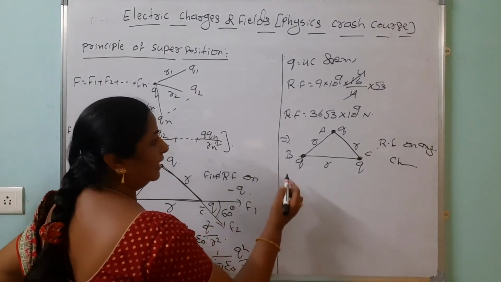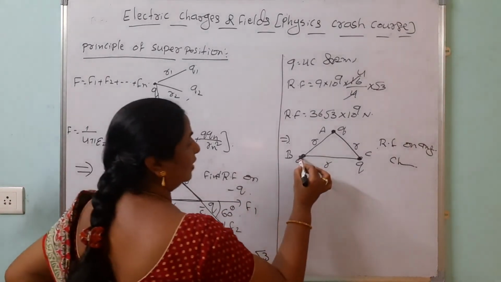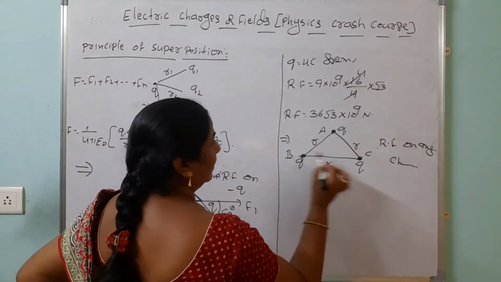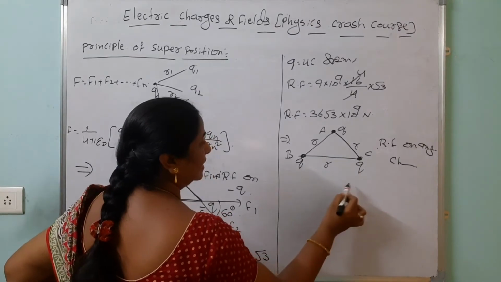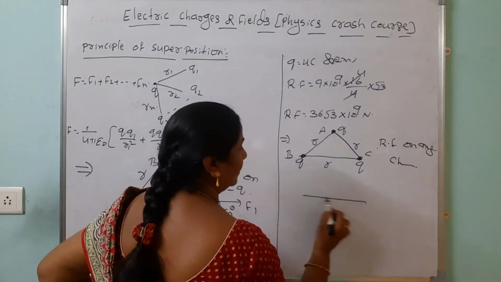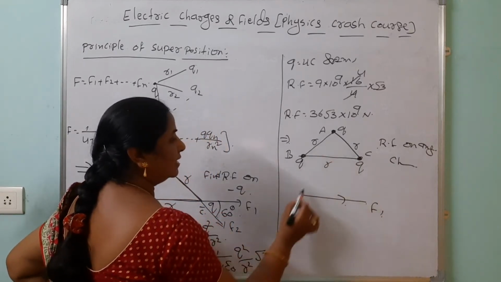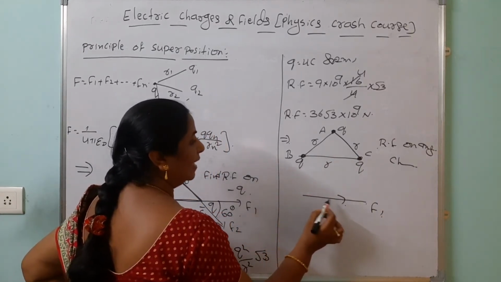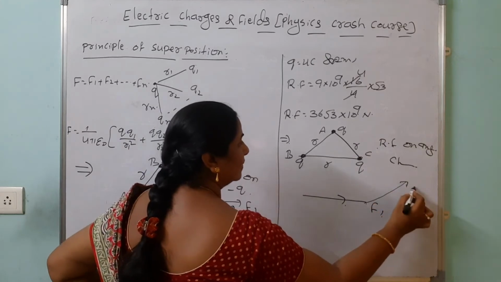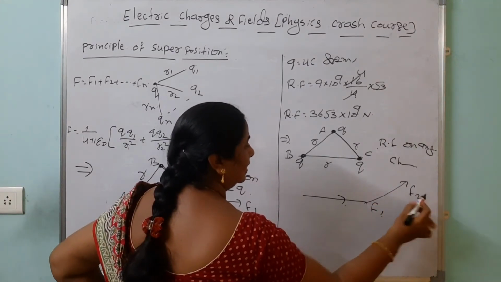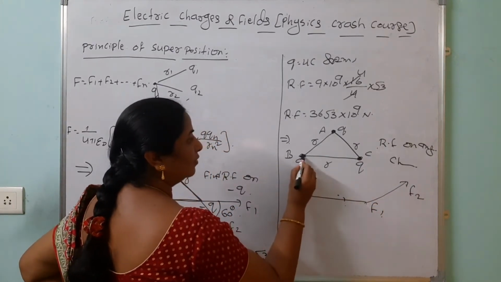See, the line joining these two charges, so one force is acting like this. One force is acting like this. This is the one force we are taking, F1. And another force is acting, it makes an angle of how much? 120 degrees. This is F1 and this is F2. Suppose we want to find it here.